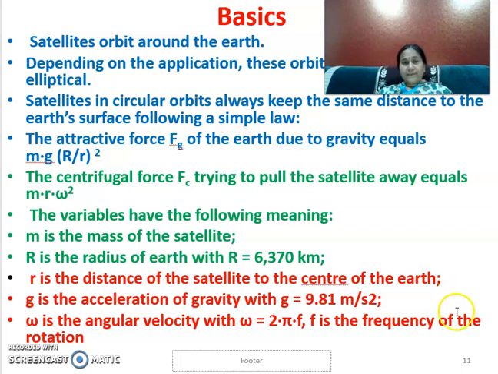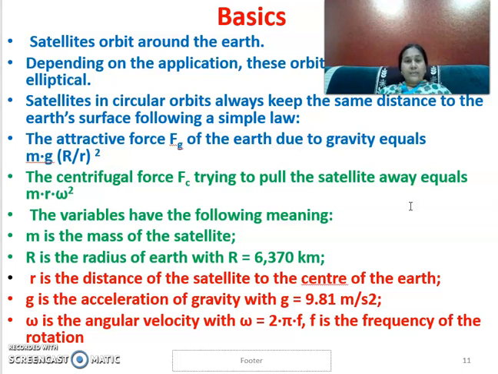So the centrifugal force of the satellite and the attractive force from gravity both keep the satellite in its position.